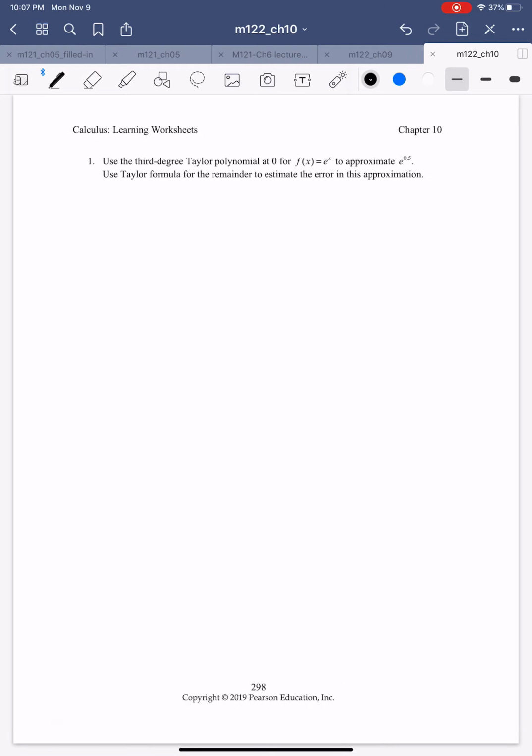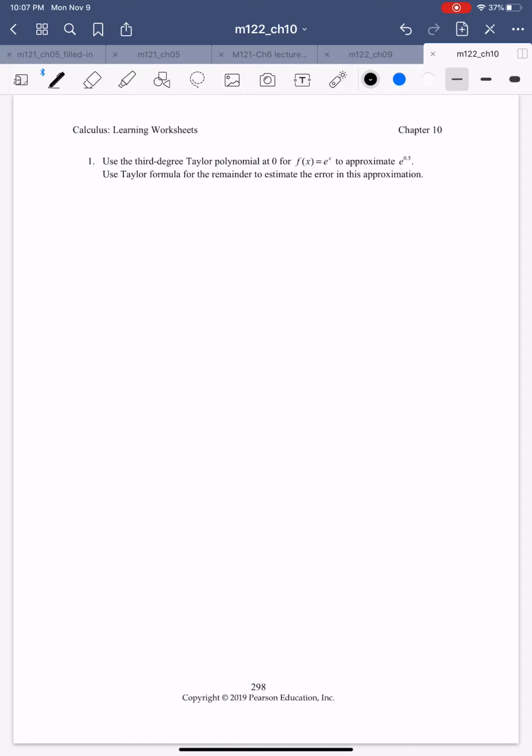Use the third degree Taylor polynomial of f of x equals e to the x to approximate e raised to the 0.5. So we have to come up with a Taylor polynomial and then approximate e raised to the 0.5. And use the Taylor formula for the remainder to estimate how much error we have in this approximation.